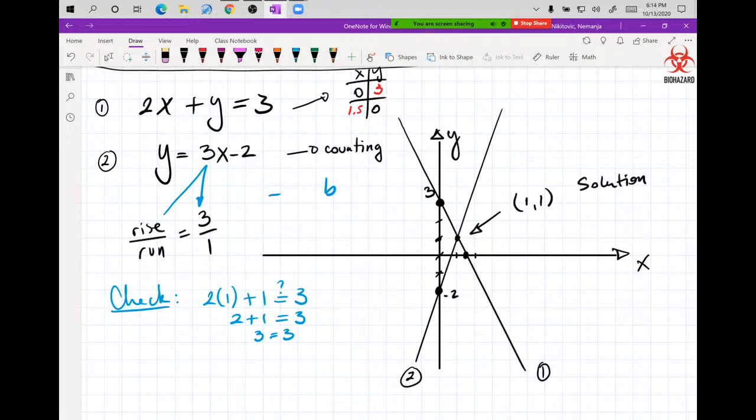So in our case, m is equal to 3. But you need a fraction there because you need to go rise over run. 3 is a fraction because you can just put it over 1. And now you have rise over run, 3 up, 1 over. Okay, that makes sense. Good.